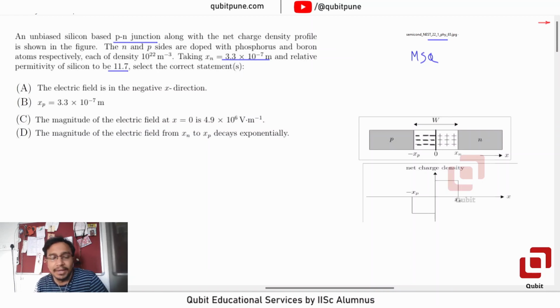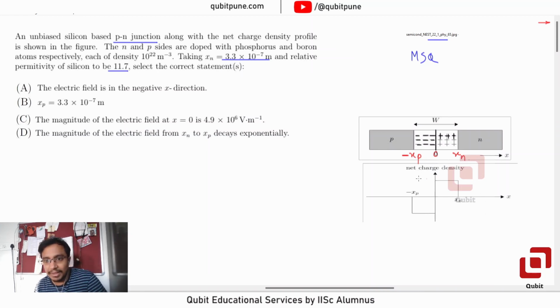And these are positive ions on the inside, because electrons have diffused to the P side. This distance here is negative xp, the center is the origin, and this is positive xn.